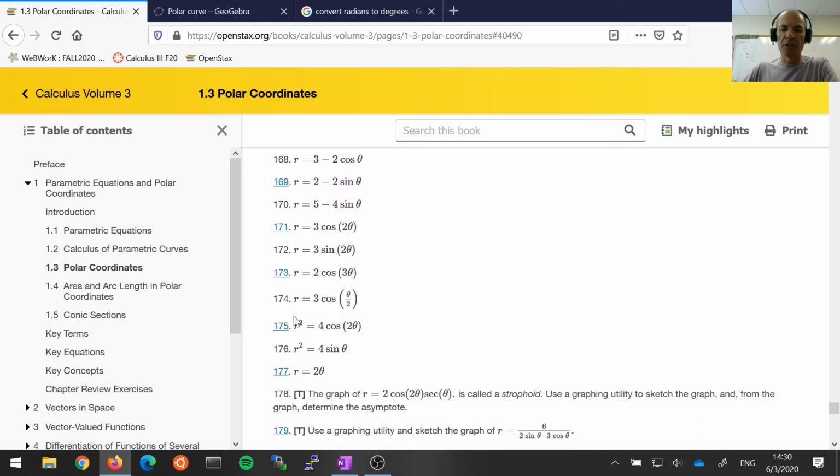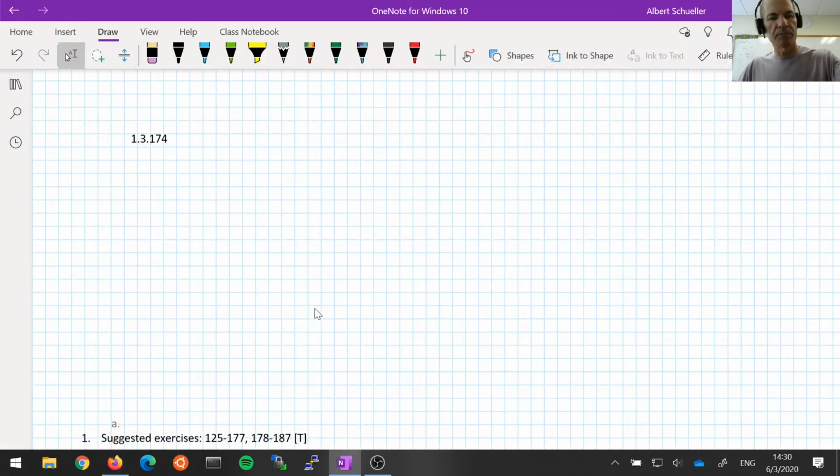The polar equation in question here is r equals 3 cosine theta over 2. R equals 3 cosine theta over 2. Now you'd love to just call this a circle or something. Hey, there's a cosine, right? But no. This one's more complicated. The theta over 2 just really confuses things, makes things much more complicated.